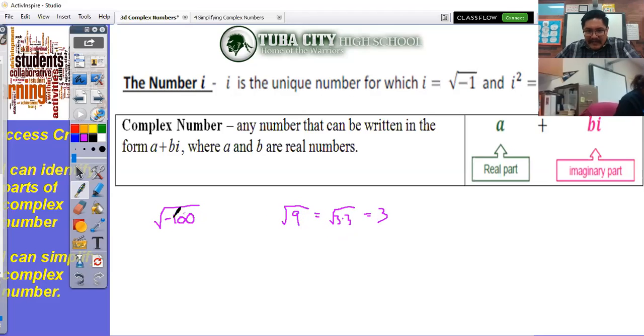But if we have a negative number, which is what it says here, i is equal to the square root of negative 1. So how do we take care of negative 1 in a square root? Well, if I ask this to students in the class, usually they will say, wouldn't it be 10? Because 10 times 10 is 100. But remember, we're trying to get negative 100, not 100.